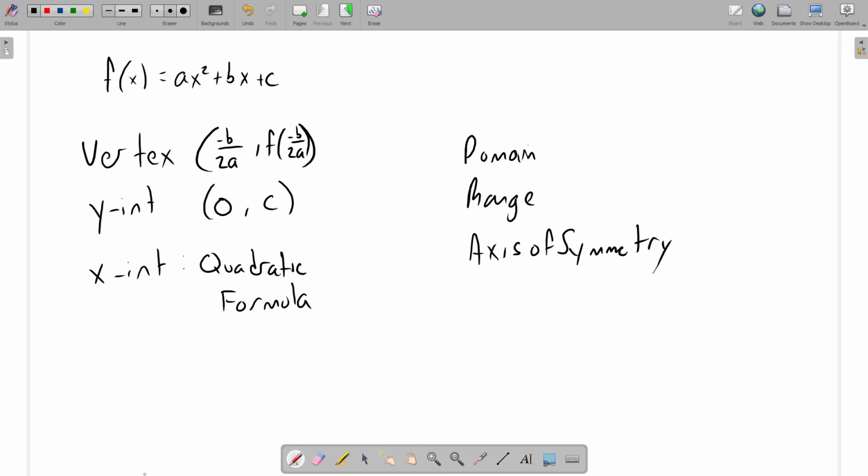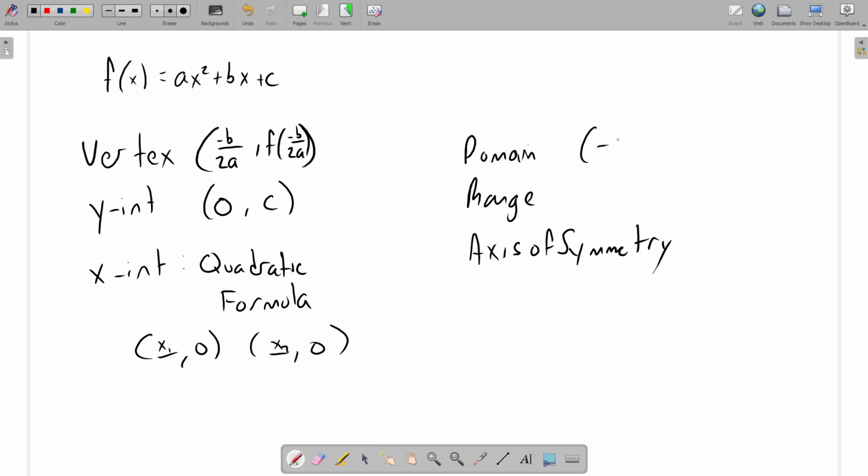You could complete the square, you could try to factor and solve, but the quadratic formula is really designed for when this is in standard form. And the x-intercept is when y is 0. So if we get two solutions, we're going to have our first x value and our second x value, x1 and x2, and then y's are going to be 0.